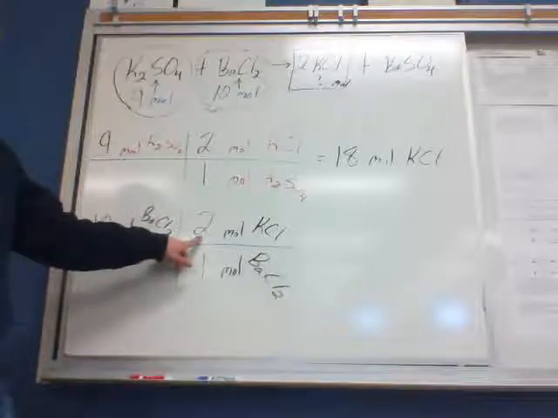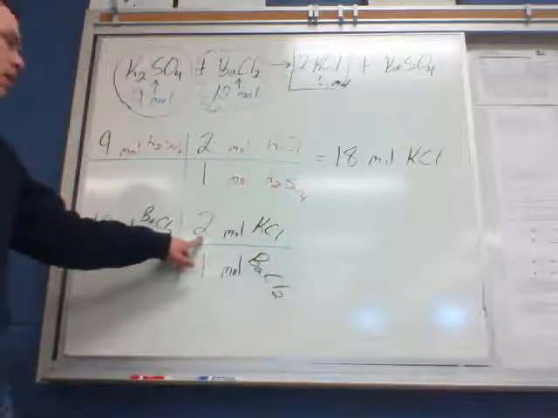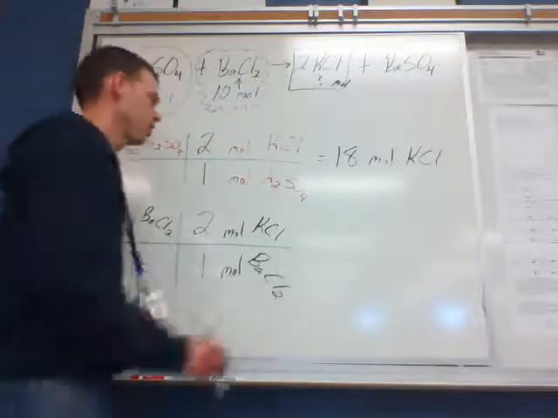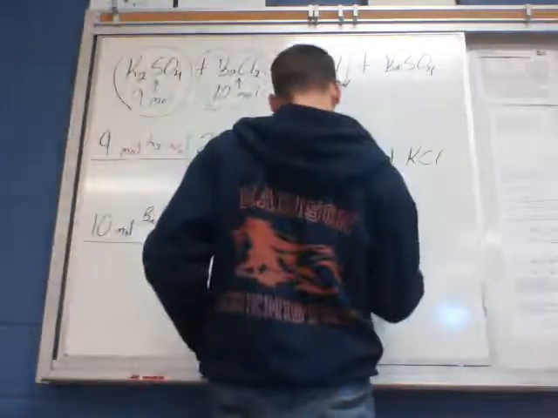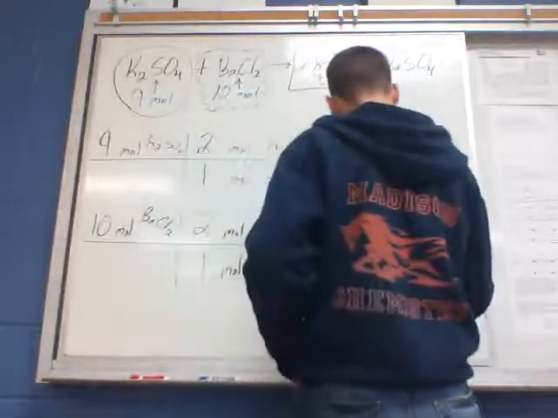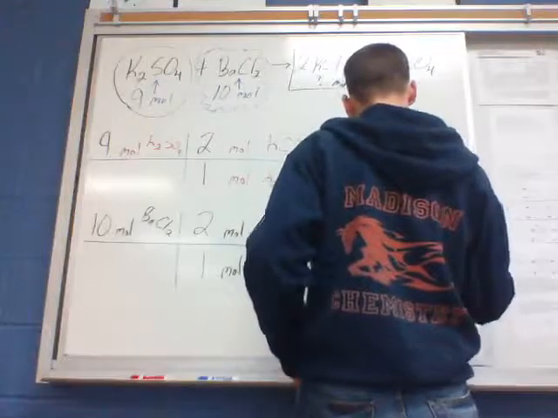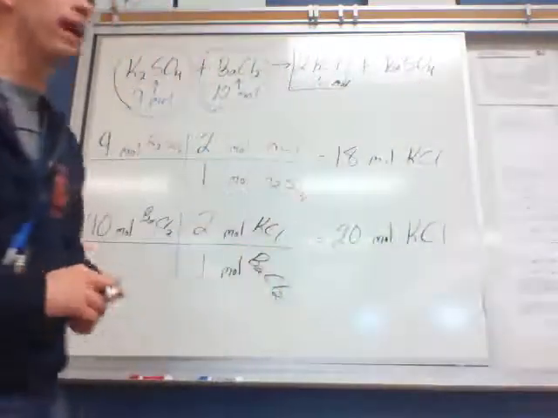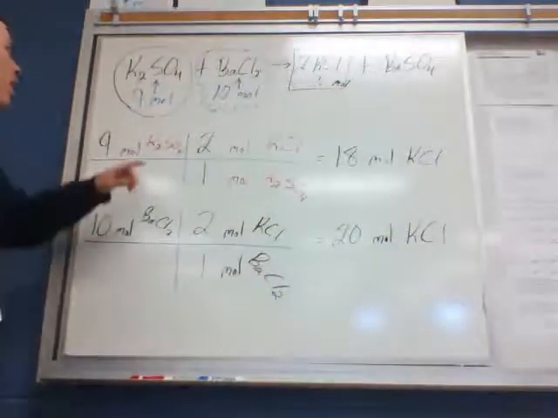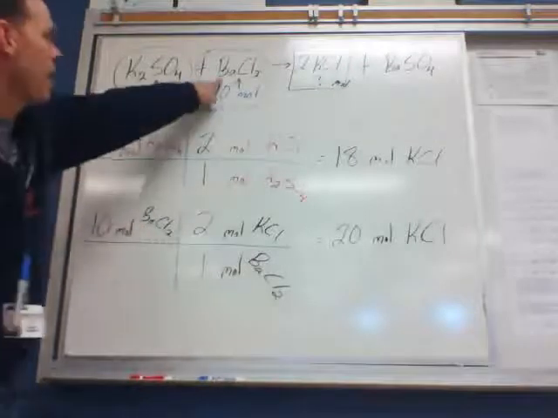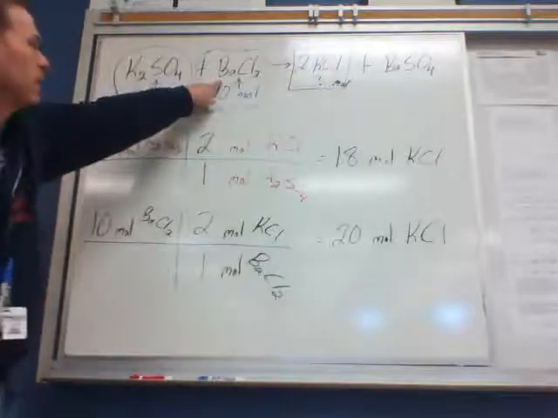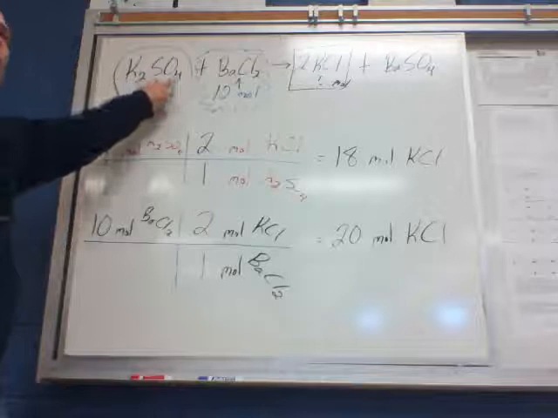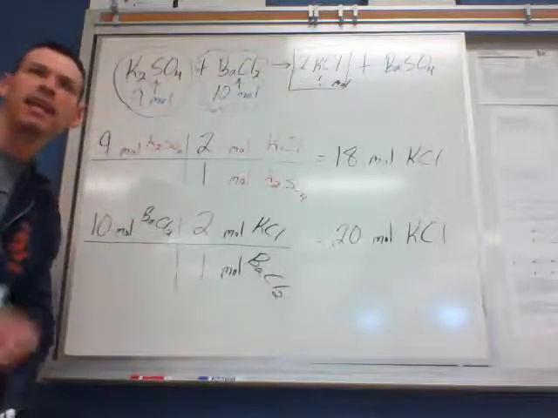Ten times 2 is 20, divided by 1 is 20. Now, we've got two answers. This reactant is capable of making 20 cakes. This reactant is capable of making 18 cakes.